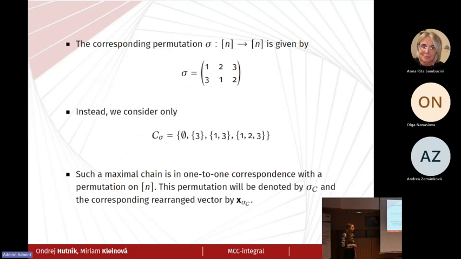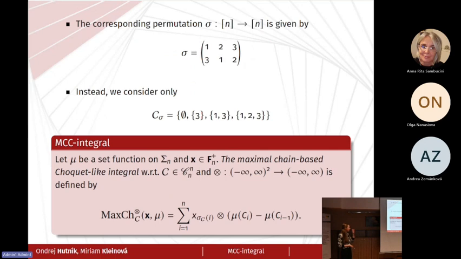That means that to any maximal chain, there exists a permutation which rearranges input vector x in a corresponding way, and it will be denoted as follows. Then we can introduce the maximal chain-based Choquet-like integral, as you can see on the bottom of the slide.